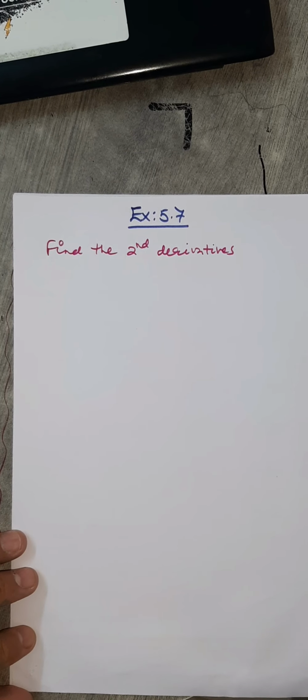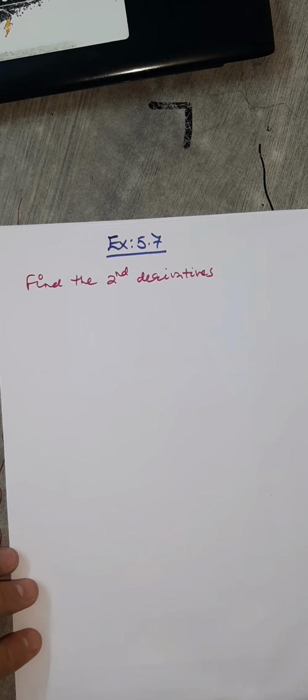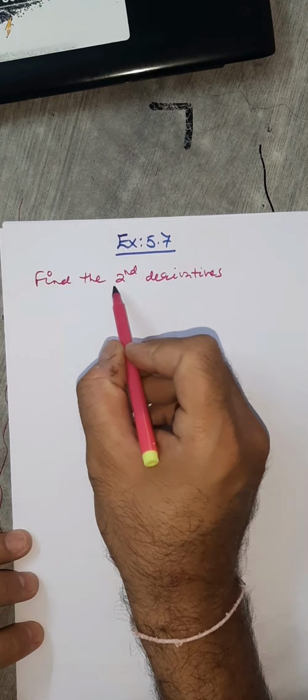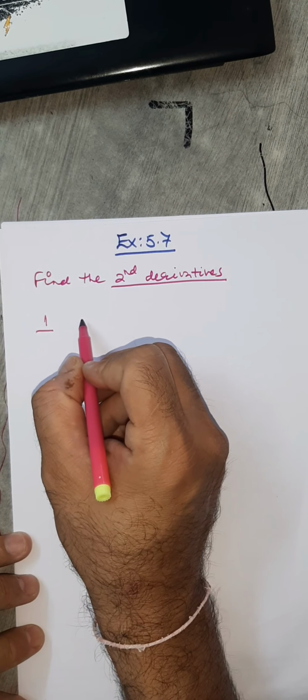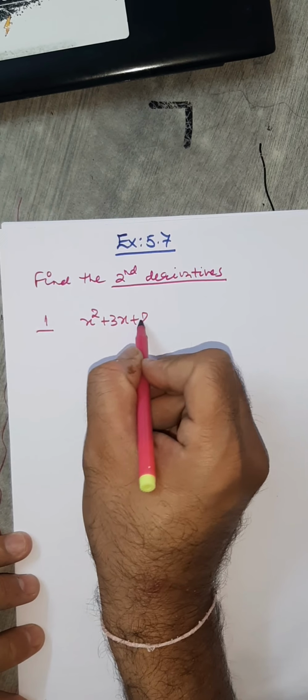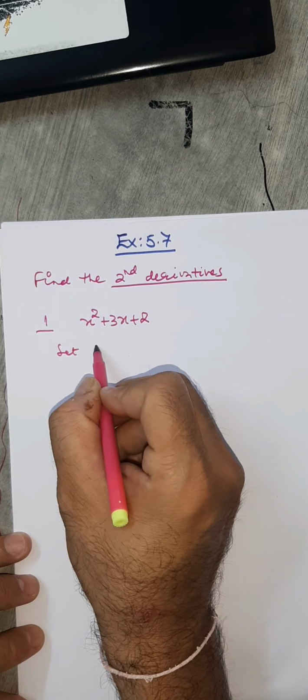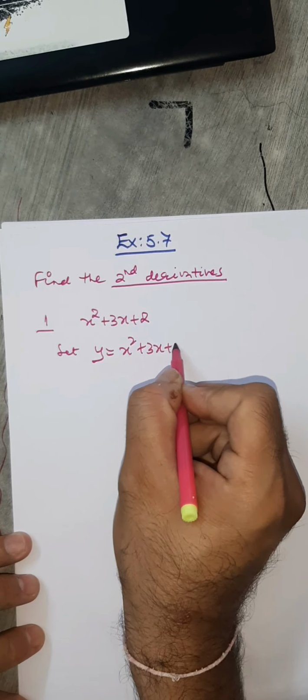Exercise 5.7. First 10 questions are about second derivatives. So question number 1 here. You are given x squared plus 3x plus 2. Let this be, for example, y equals x squared plus 3x plus 2.